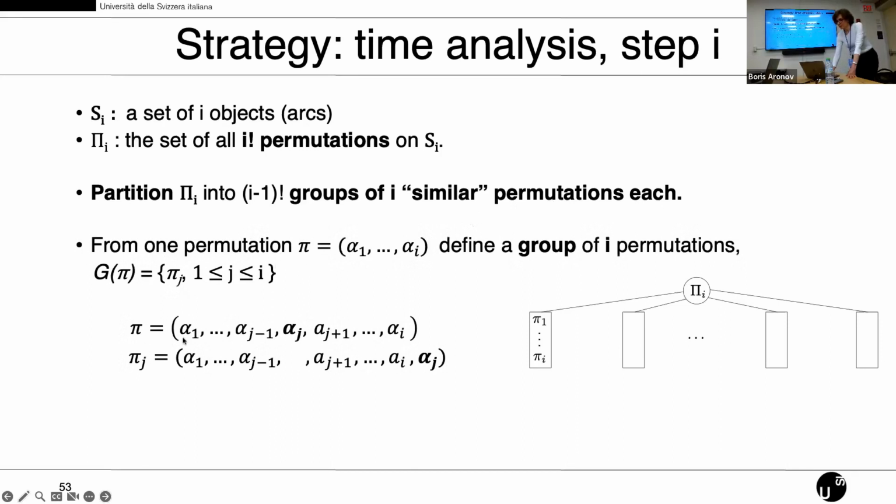Given one permutation, alpha_1 to alpha_i, we define a group of i permutations by this rule: we take its element alpha_j and append it at the end. So we create this group of i permutations that have alpha_j up here.